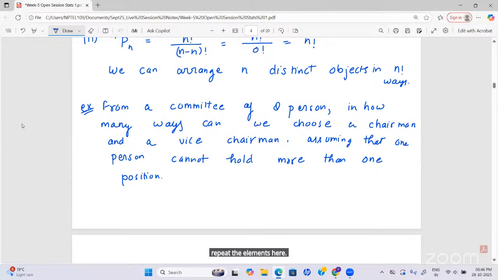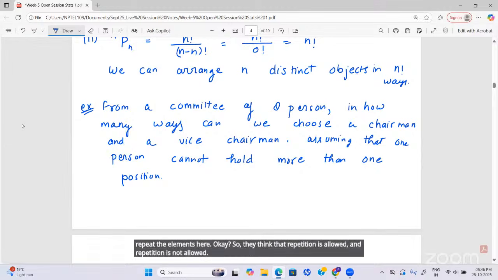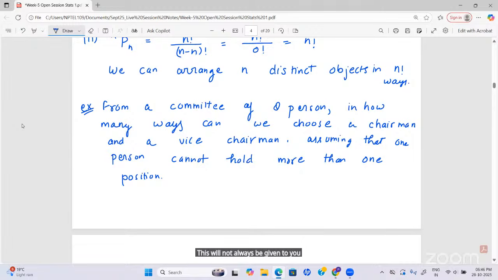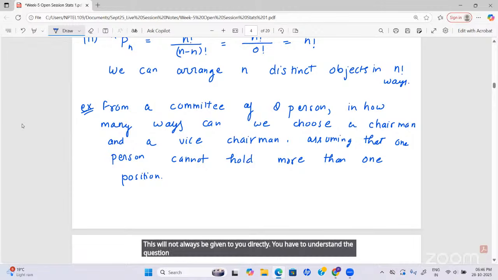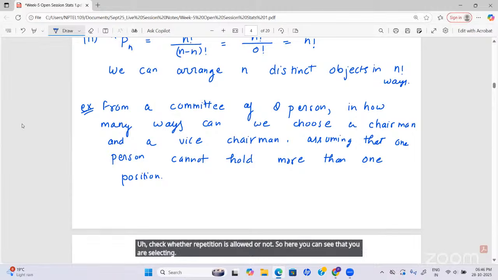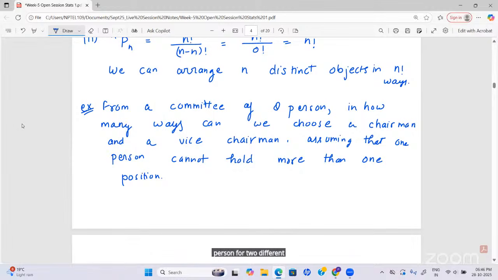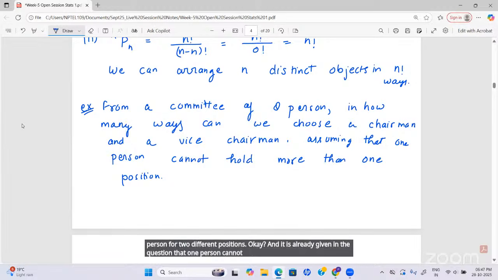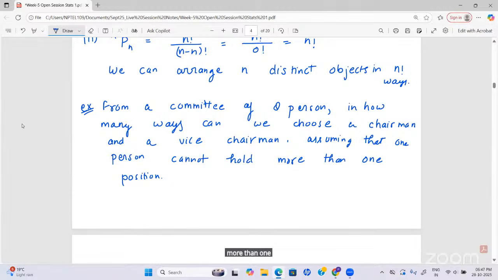Whether repetition is allowed or not will not always be given to you directly. You have to understand the question and check. Here you are selecting a person for 2 different positions, and it is already given that one person cannot hold more than one position, which means that repetition is not allowed.